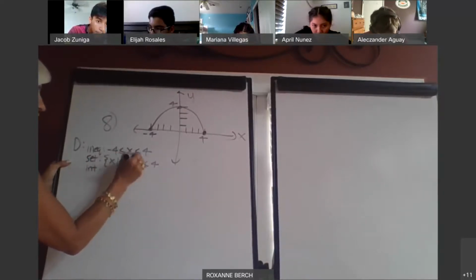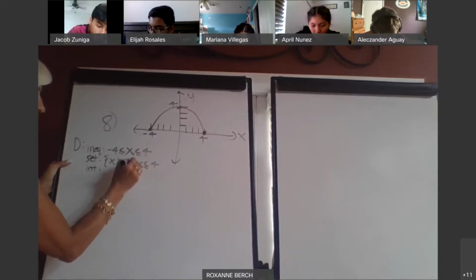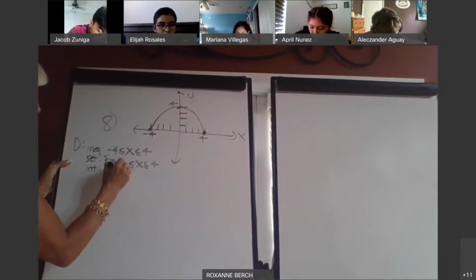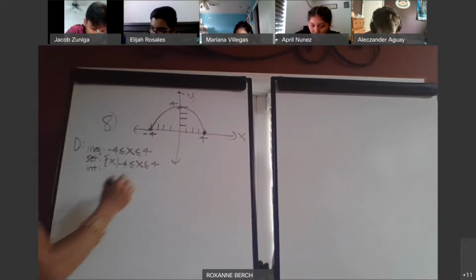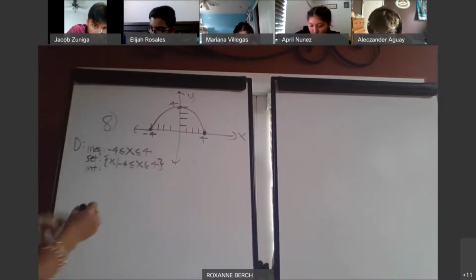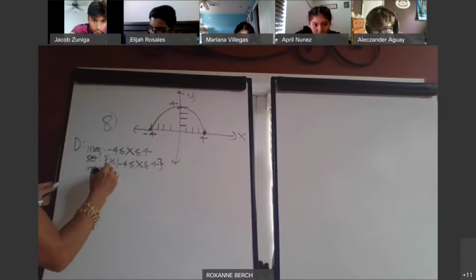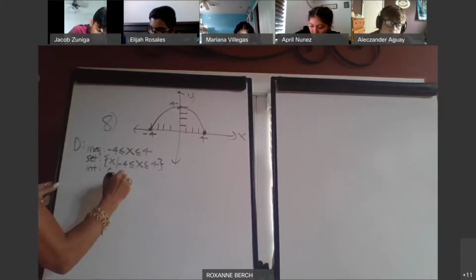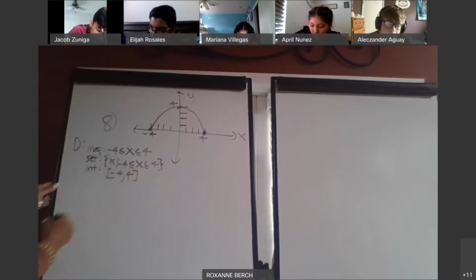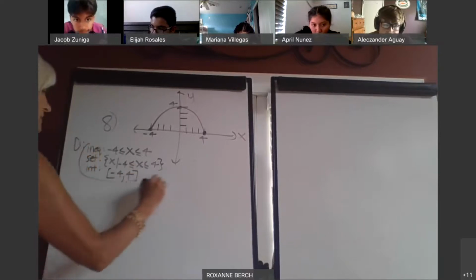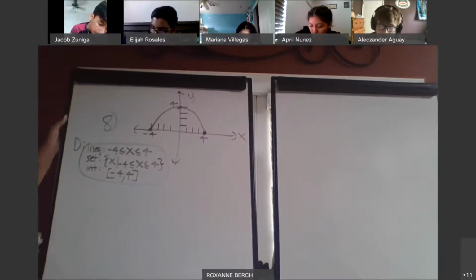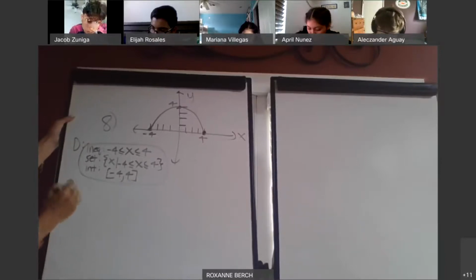That should be less than or equal to, right? Those should have equals in them. And in interval notation, it should be closed on -4 to 4. So that's the domain.